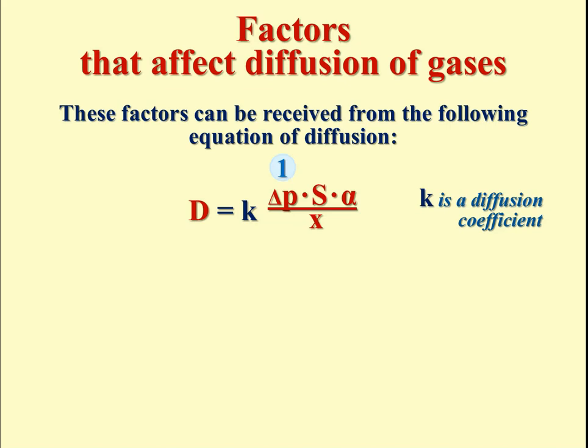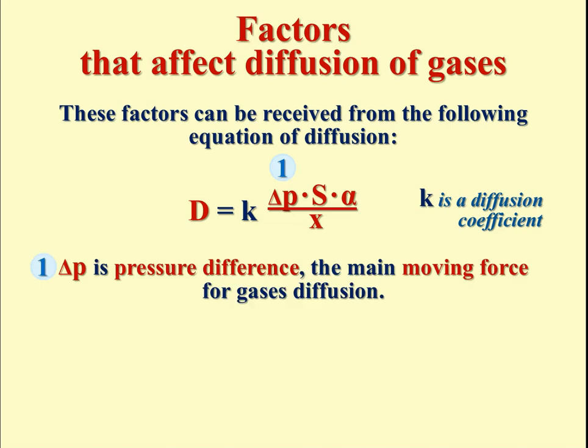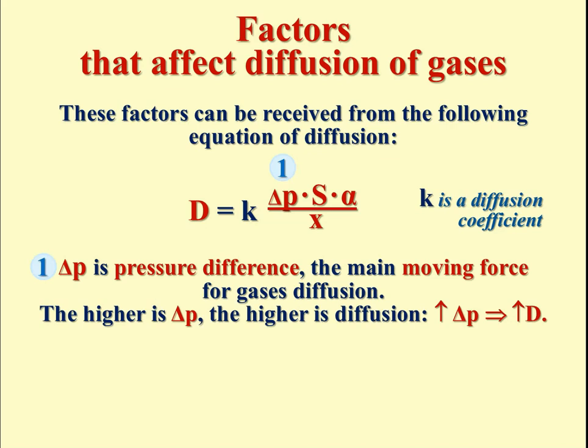Of course, this is the main thing, the main driving force for the diffusion. Then S here stands for square area, but let's consider delta P first. It directly proportionally determines the diffusion. Higher difference of pressure, clearly the diffusion becomes higher.